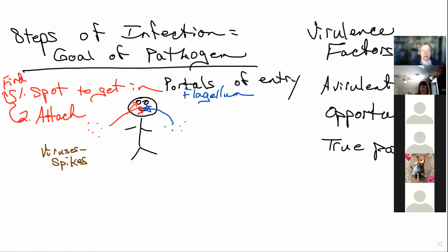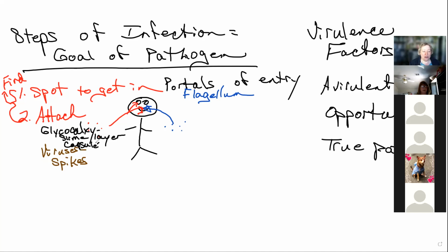Would it be glycocalyx? Yes. Some glycocalyxes allow a bacterium to attach to another cell. So we're going to put glycocalyx. And they come in two flavors. They can either be a slime layer, or they can be a capsule.